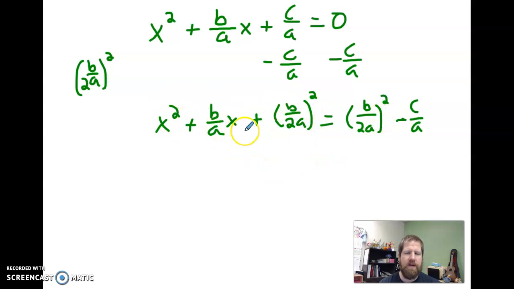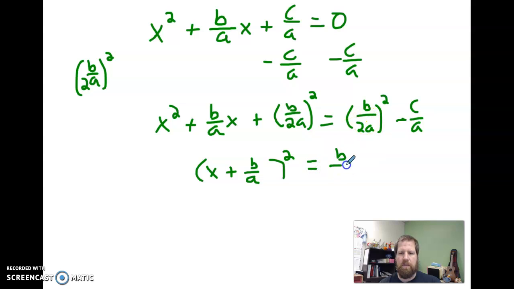Now I know I've got the square completed, so I'm going to go into my binomial factor, which is x plus b over a, okay, and then that's squared, and then we have equals b over 2a squared minus c over a. Okay, and that's looking good. This is pretty clean. We are ready with that.